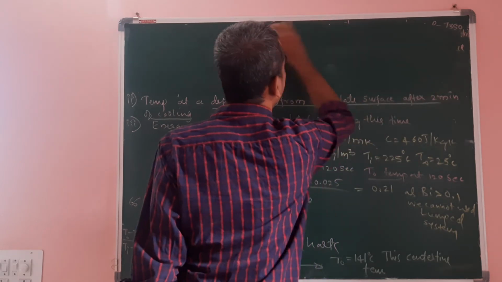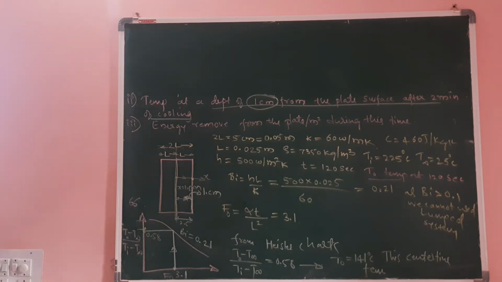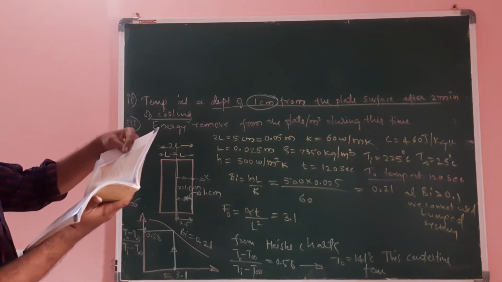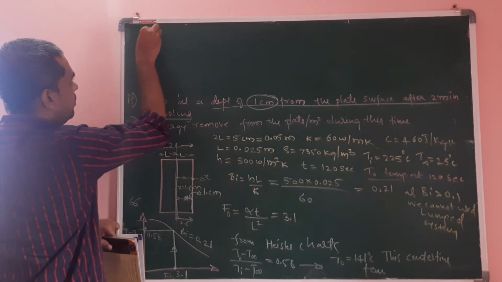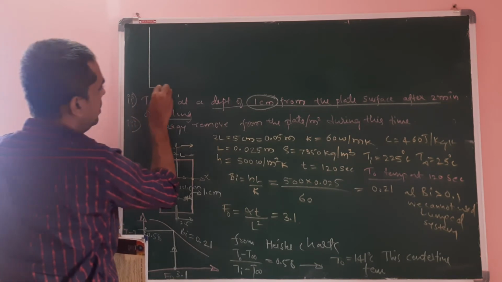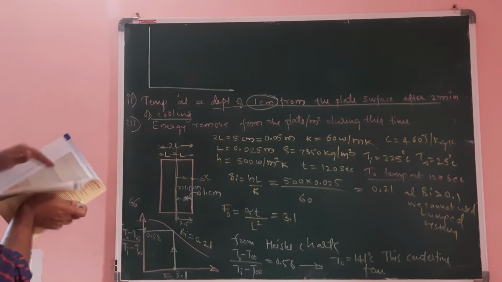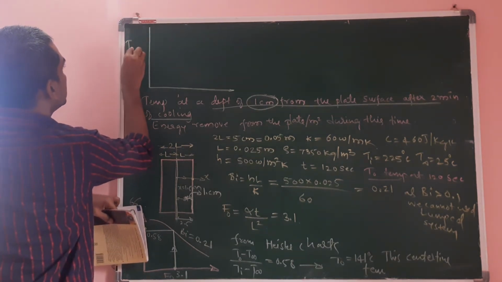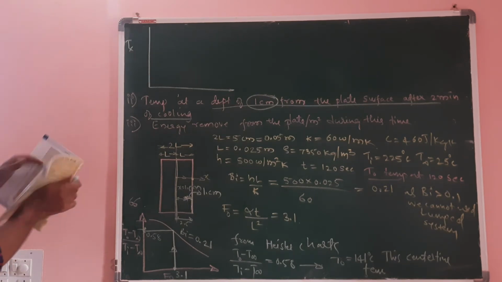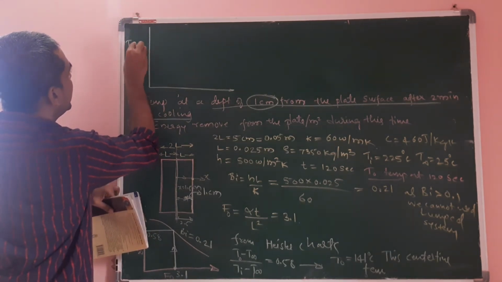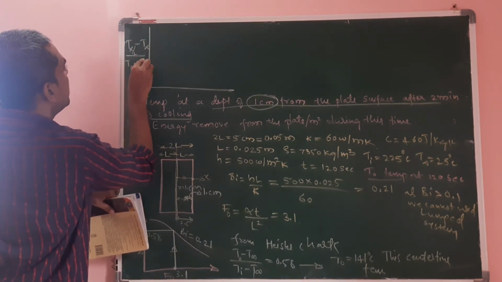To solve the second bit, we have to refer to one more Heisler chart, which is on page number 67 of the edition. On page 67 there is one more chart like this. Again, on the vertical axis it is (T at x by L minus T infinity) divided by (T naught minus T infinity).